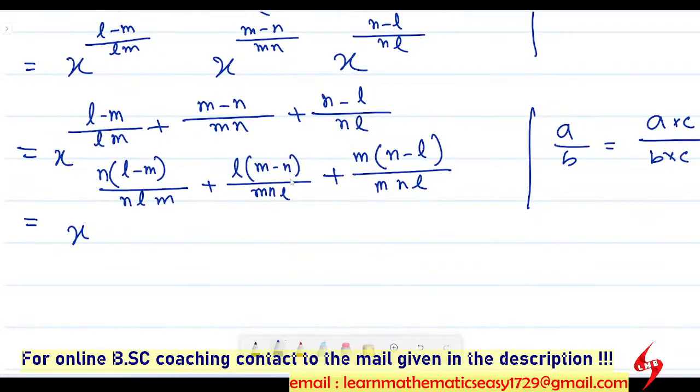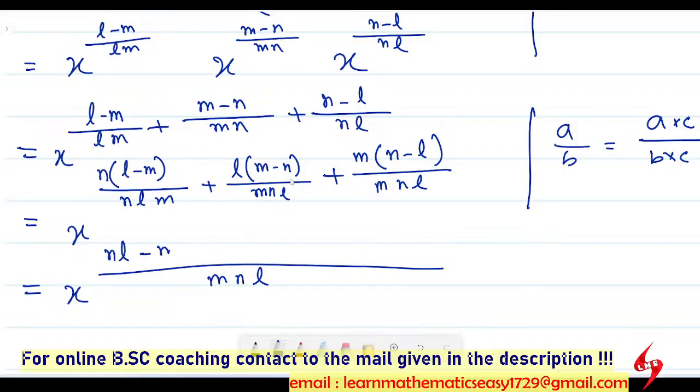You can now see the denominator of these three terms are same, so we can easily do the sum here. So the LCM will be LMN, and the multiplication will be as well. So that is NL minus MN plus. Okay, we do not need any multiplication because the LCMs are same.